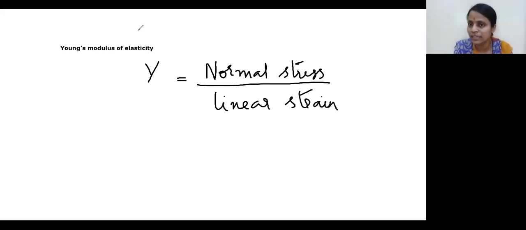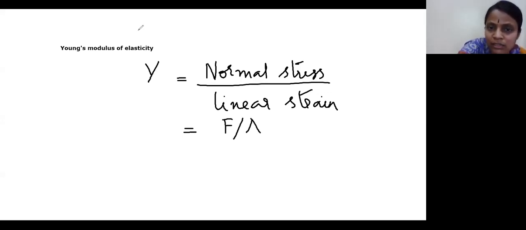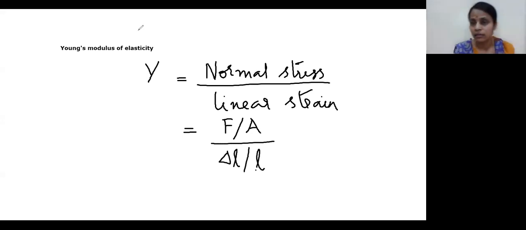You call that linear strain. So Y is going to be given as normal stress upon linear strain. Normal stress is nothing but F by A. Any stress is F upon A, divided by the linear strain, which is given by del L upon L. So the Young's modulus of a given material of the solid is given by Y equals F by A upon del L by L.